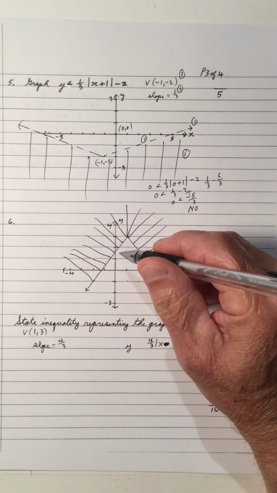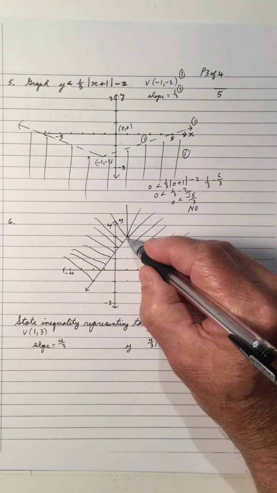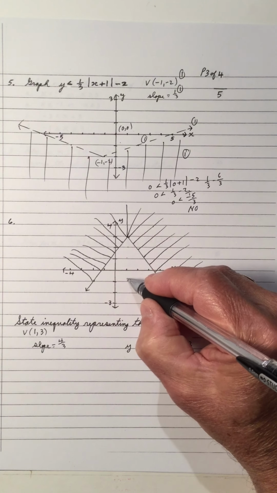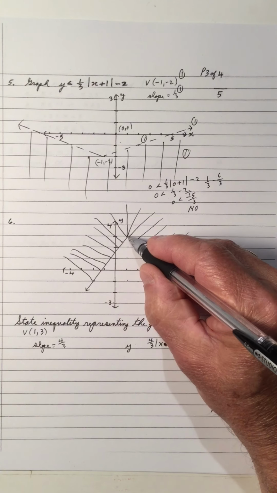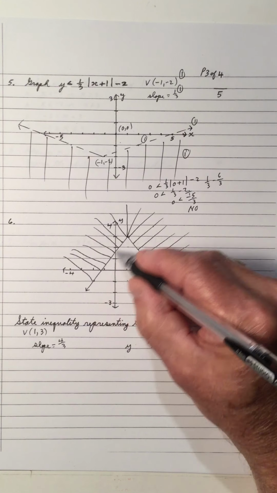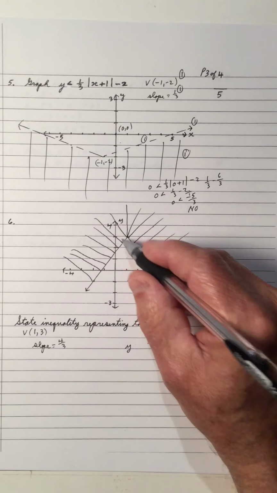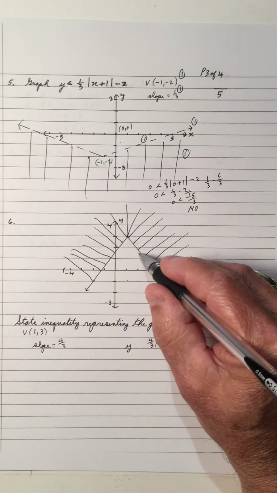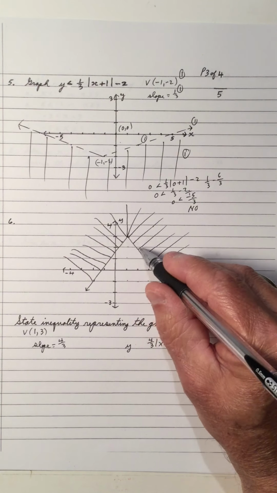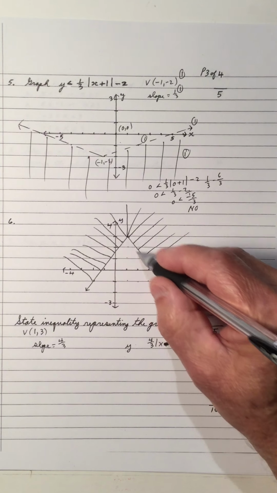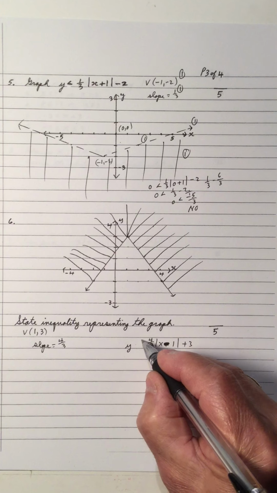And notice, even though I went down, I could go down 4 right 3. I could go down 4 left 3. Notice this is a positive slope. And this is a negative slope. But the slope of either one of these lines is a plus and a minus 4 over 3. But because it's opening downward, this is going down, this is a negative.